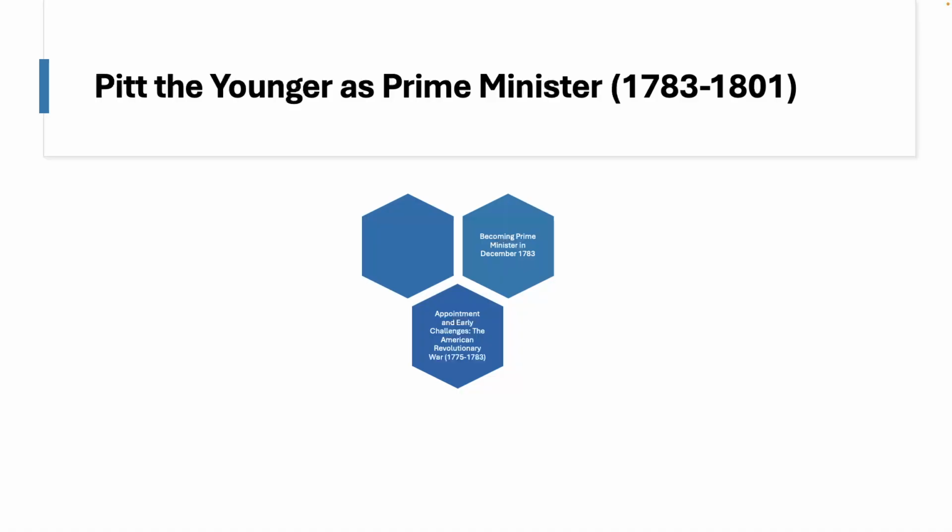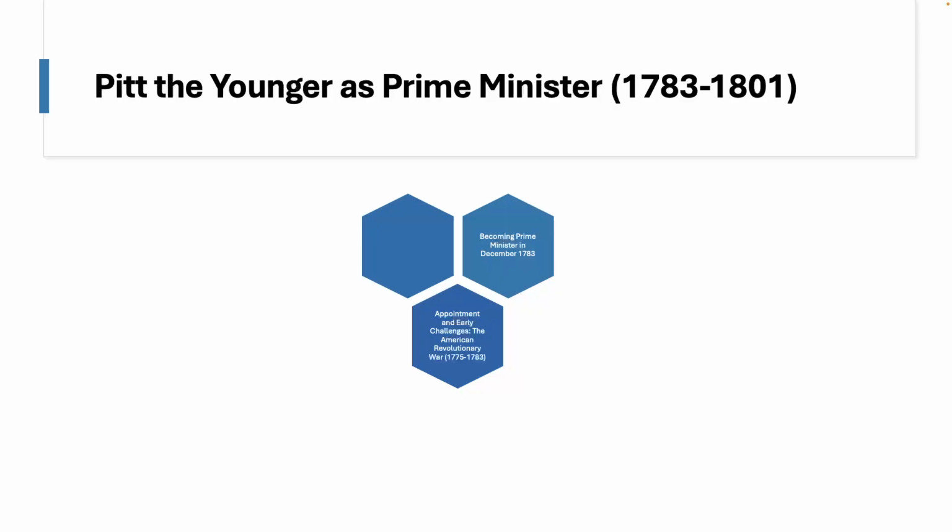The defeat and the resignation of Lord North led to widespread political instability. Pitt's ability to form a coalition government with support from both the Tory and some of the Whig factions allowed him to secure a stable position as Prime Minister.